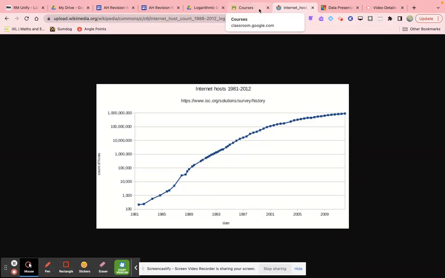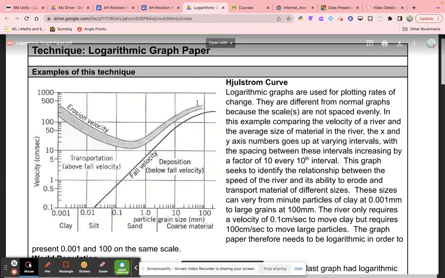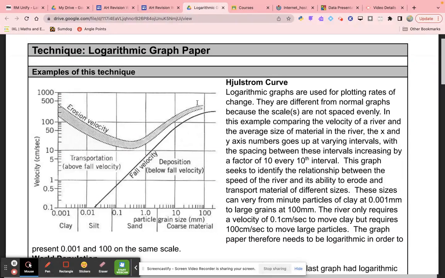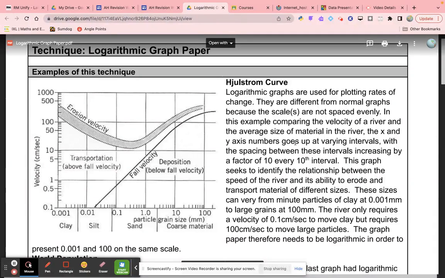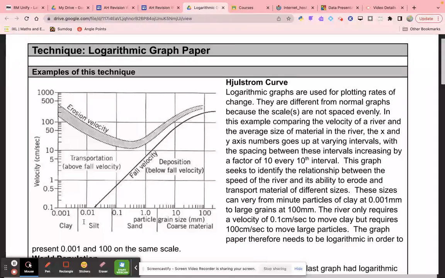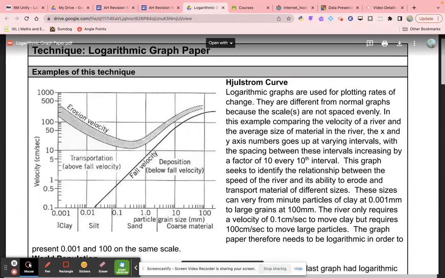Now, if we have a look at an actual example of how it's used in geography, one of the problems when you're looking at the power of rivers to move material, and how much velocity you need in a river to actually move the stuff that's in the river, is that you have to deal with the Hjulström curve, as it's known. The size of particles ranges, so the smallest stuff floating in a river would be a clay particle.